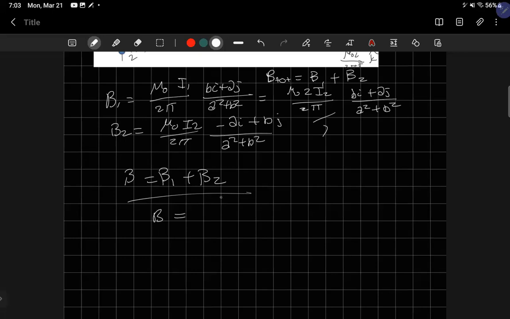I'm just going ahead and factor out this mu and I2 over 2 pi part. And then we're going to get 2B plus B i hat, no, 2A minus A i hat plus 2B plus B j hat, all over A squared plus B squared.